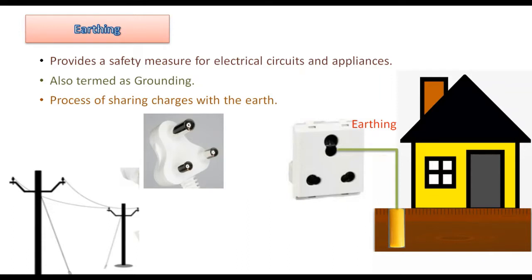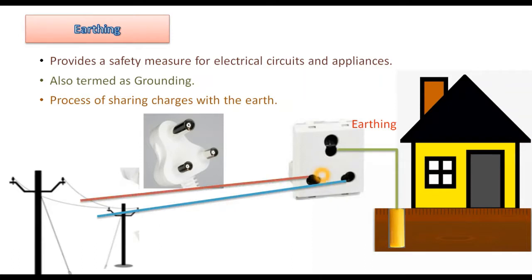Now what about the other 2 pins? These 2 pins are connected to different kinds of wires, and these are actually connected to the main poles from where electricity is coming to your house. So basically, these 3 wires which you have are the live wire, the neutral wire, and the earthing wire.